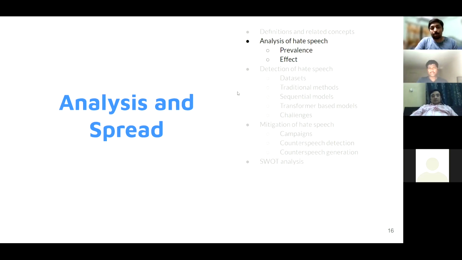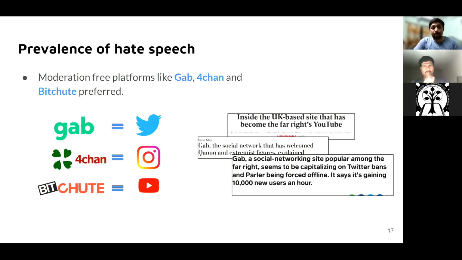So the first topic is the analysis and spread of hate speech. Here, basically, the overall phenomenon of hate speech is analyzed, and we try to study its prevalence and effect. In recent times, many of you may have observed different alternate platforms popping up due to the moderation in mainstream platforms like Twitter, YouTube, etc. These platforms generally champion freedom of speech.